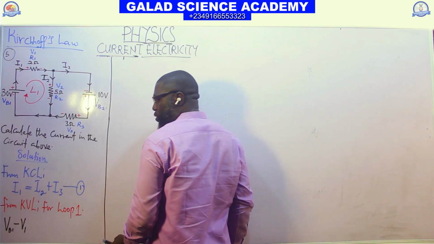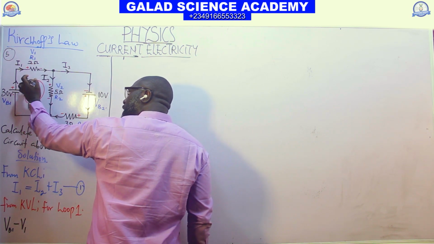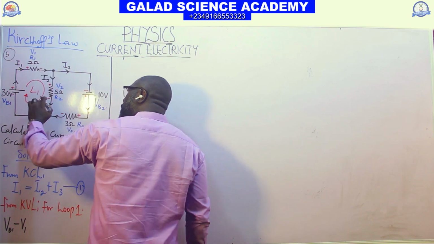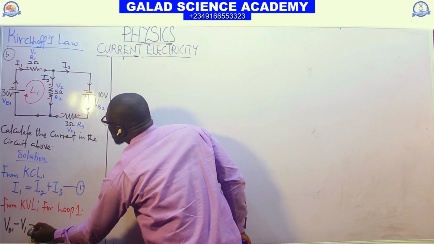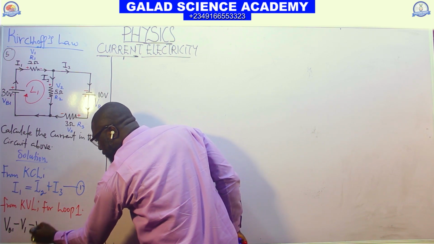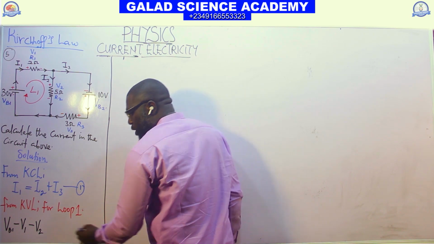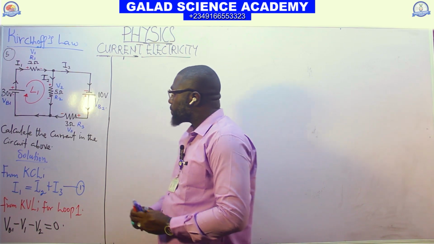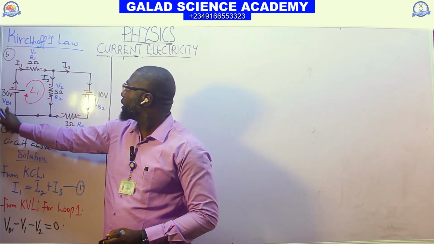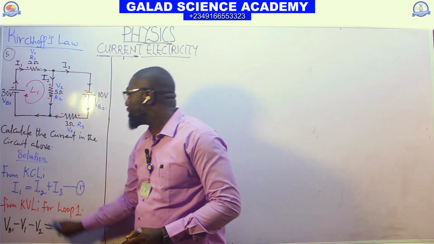Getting to this side here, it will also drop for R2. We have minus V2, everything equal to 0: V1 minus V1 and V2 equal to 0 for loop 1.